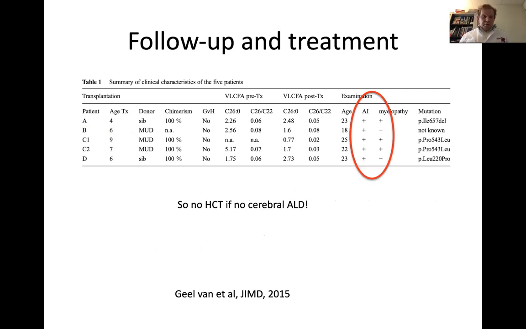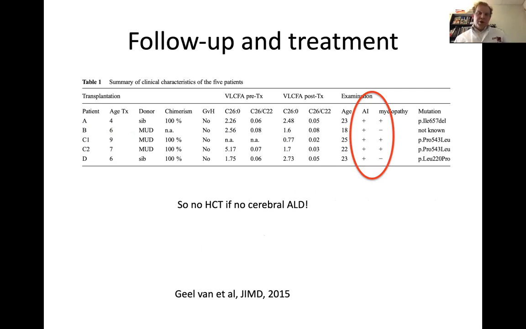So people often ask, why not transplant all boys with ALD as soon as the diagnosis is confirmed? Because then you could prevent problems from ever occurring, and you would not need to follow them up every 6 or 12 months.